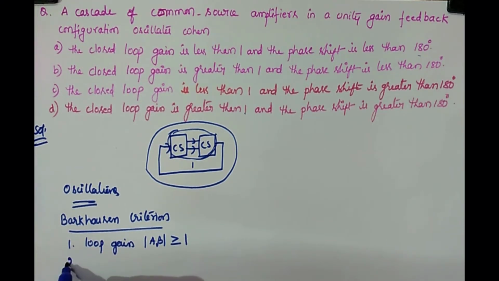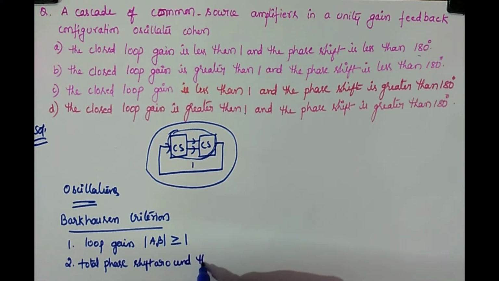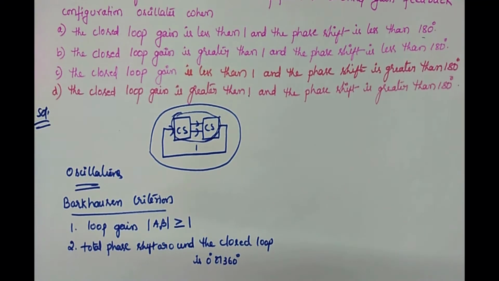And the second condition: the total phase shift around the closed loop is 0 degrees or 360 degrees. These are the two conditions to get oscillations. Loop gain must be greater than or equal to 1 and the total phase shift around the closed loop is 0 degrees or 360 degrees.